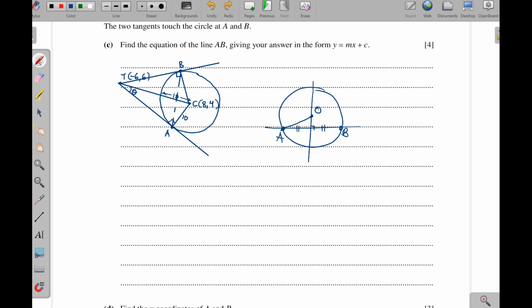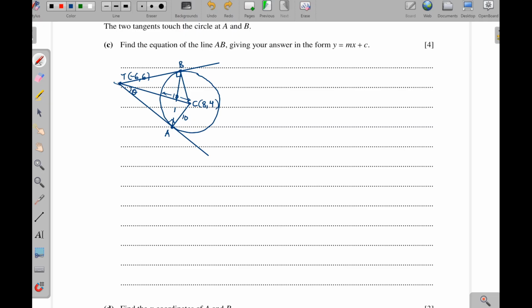Now, it is the same thing that we are going to use here. Look at this one here. This line here, CT, is passing through the center of the circle. So because it is passing through the center of the circle, that means it is going to bisect this chord AB. But remember I need the gradient of this line here, AB.